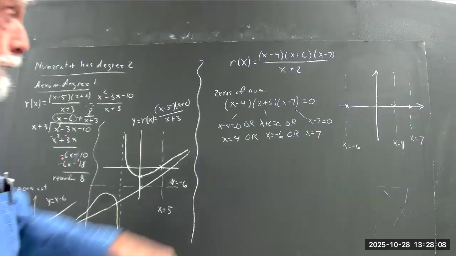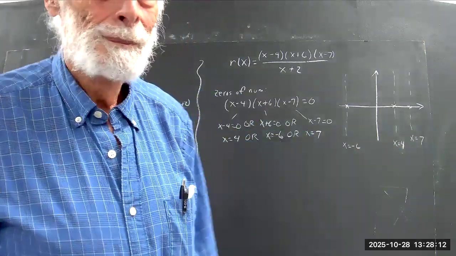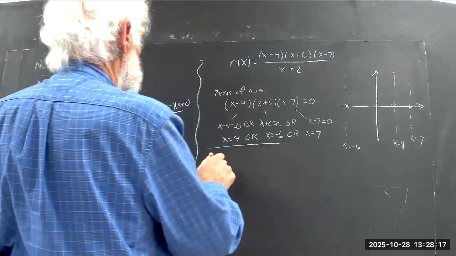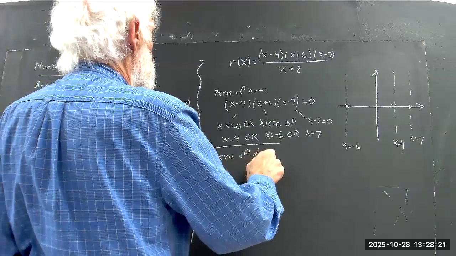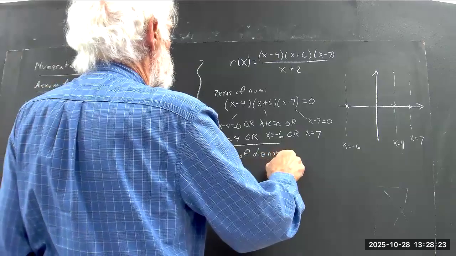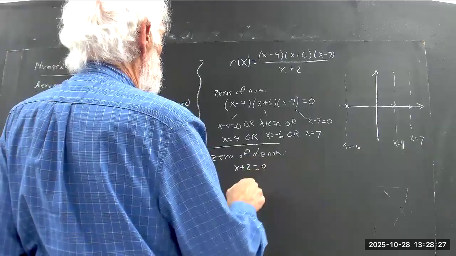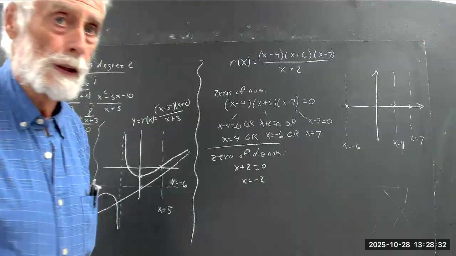Okay, and we can see very clearly that the denominator is not going to be 0 at any of these points. You want to write out the equation for the denominator, even if it's trivial. Then you find that x is -2.